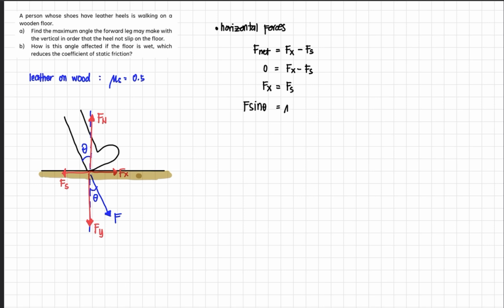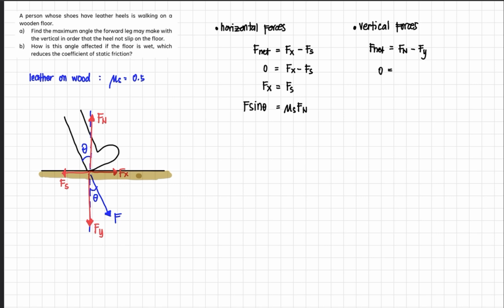And Fs is mu s Fn. Now, what is Fn equal to? For the vertical forces, remember that the normal force is not always equal to the weight because it depends upon the angle. For the vertical forces, net force is equal to 0. The upward force is the normal force, and the downward force is the vertical component of F, which is Fy.